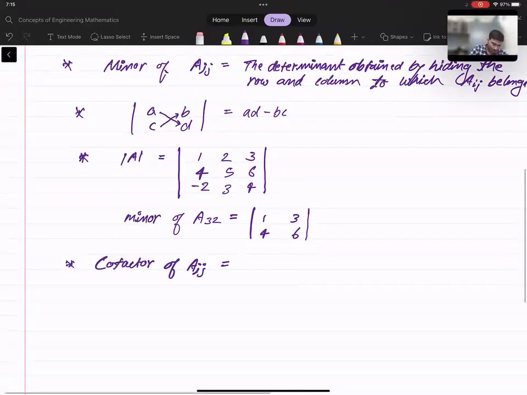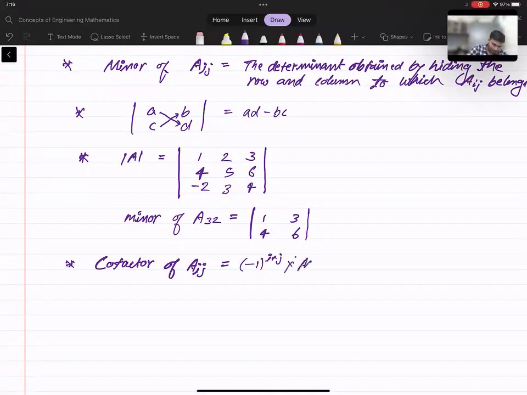How do we calculate the proper sign? It is given as minus 1 raised to power i plus j into the minor of Aij. In this way, the cofactor is given. The expansion of determinant will be done using cofactors actually, so their minor will be involved automatically with its proper sign.